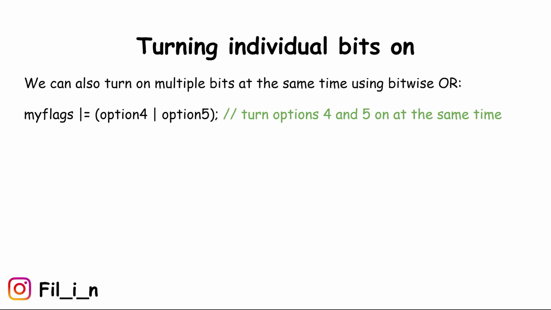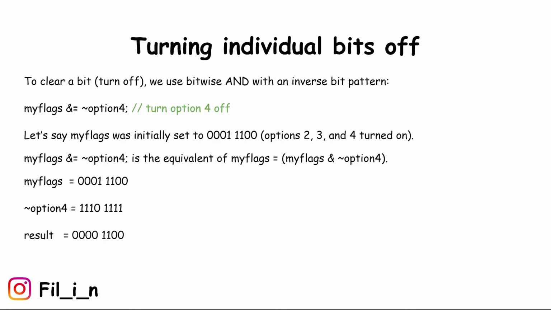myflags |= (option4 | option5); // turn options 4 and 5 on at the same time. To clear a bit, turn it off, we use bitwise AND with an inverse bit pattern. myflags &= ~option4; // turn option 4 off.